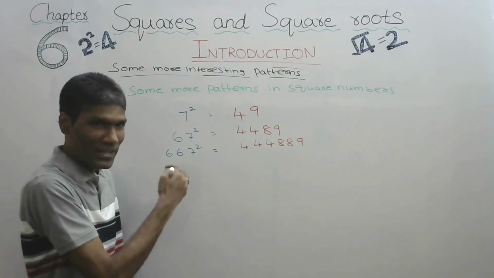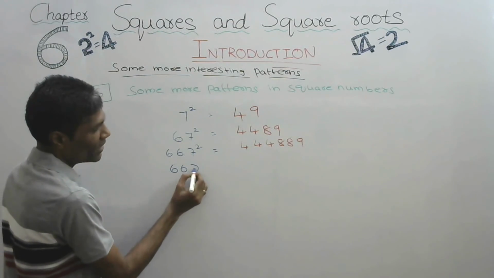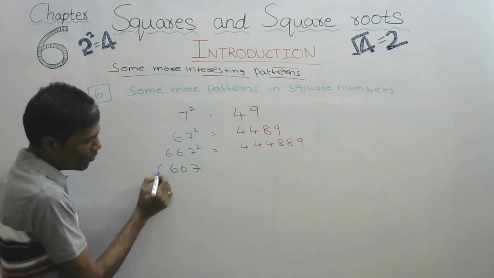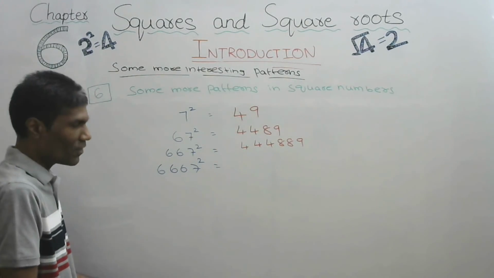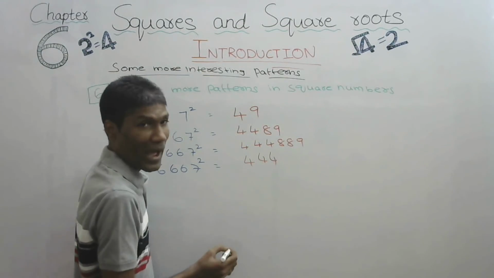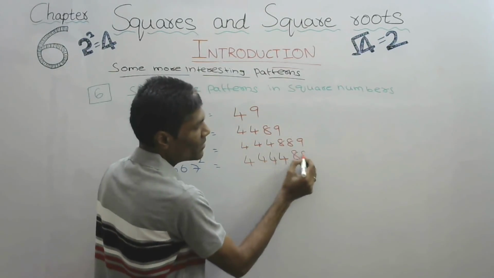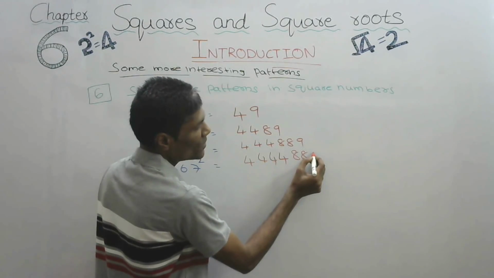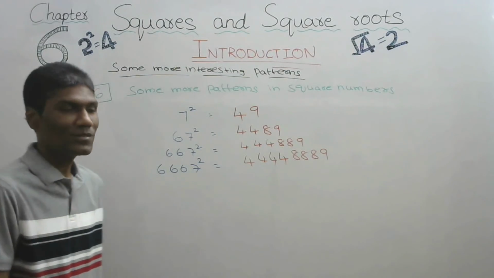Let us do the next one. Say 667 is there. If we add one more 6 here and find the square, the value will be these three 4s as they are, add one 4, and two 8s are there, so add one more 8, and 9. This will be the value.